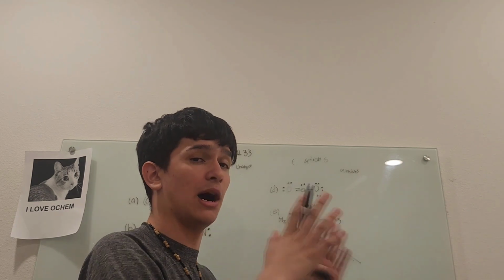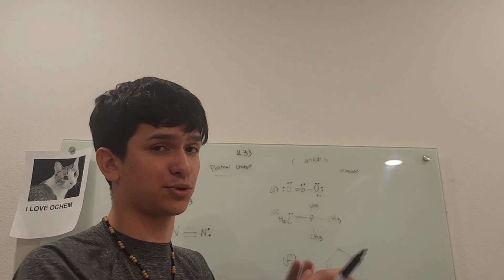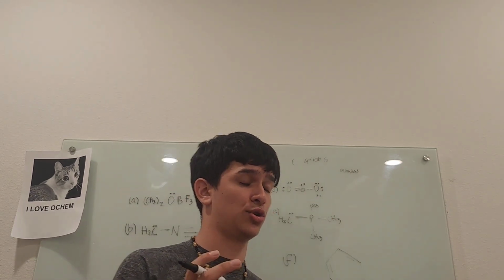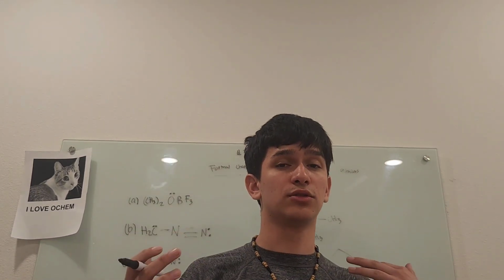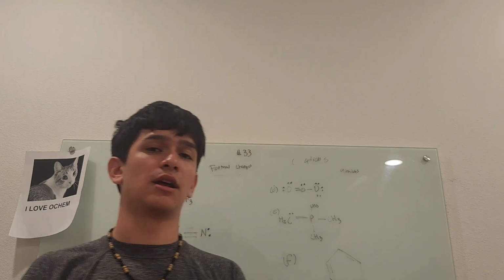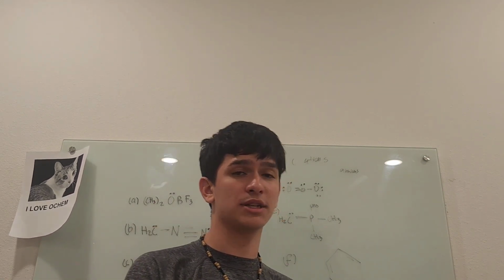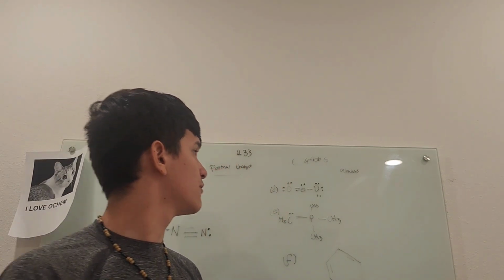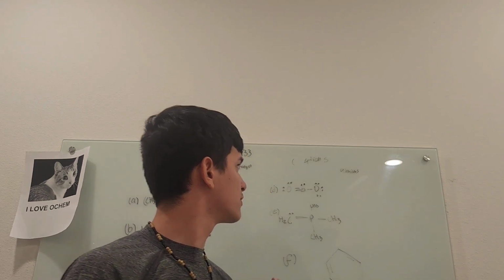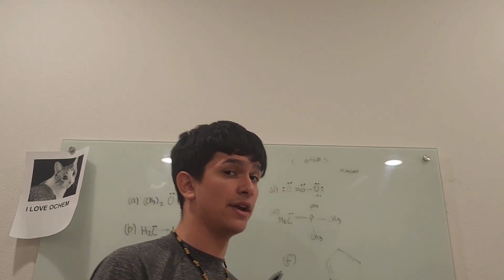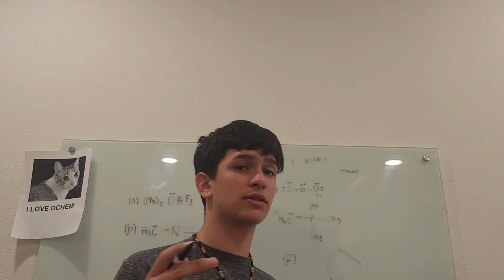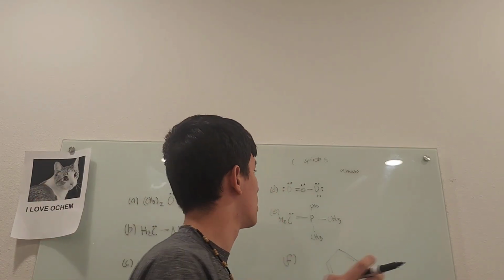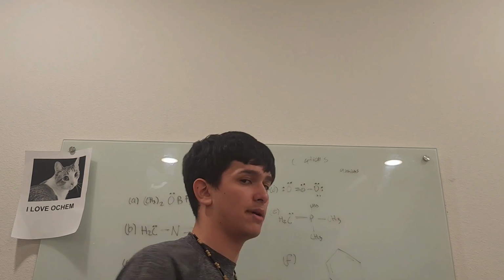You subtract how many there should be there from how many are actually there, and that's your formal charge. If you are confident in your ability to understand all these, there is a quick way of knowing, but you have to be aware of lone electron pairs, right?